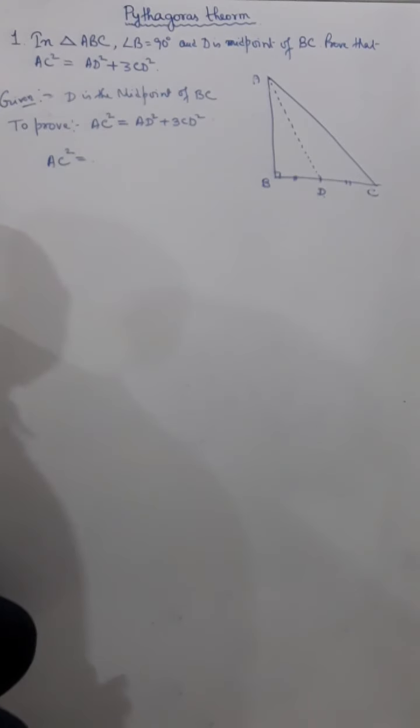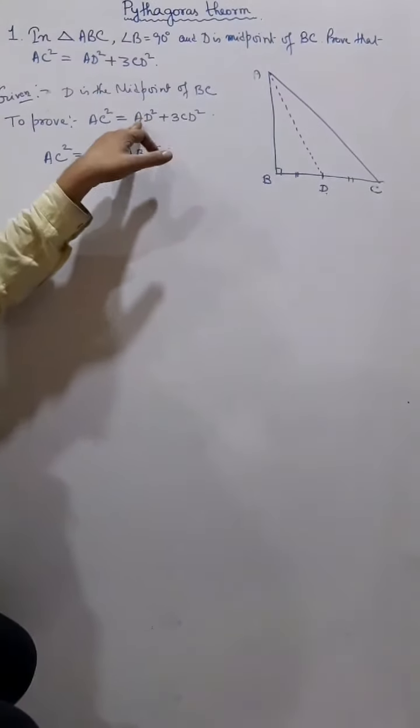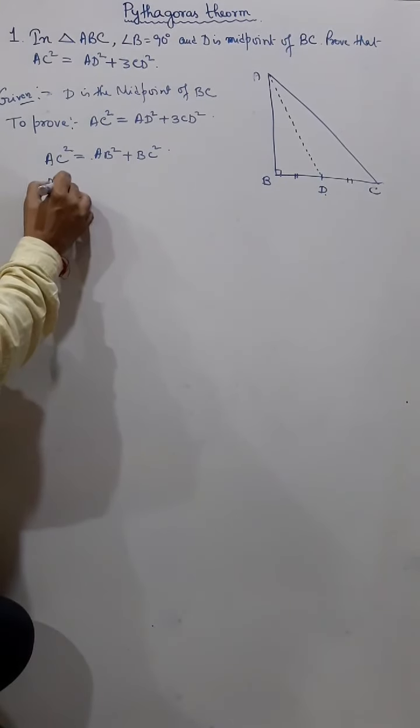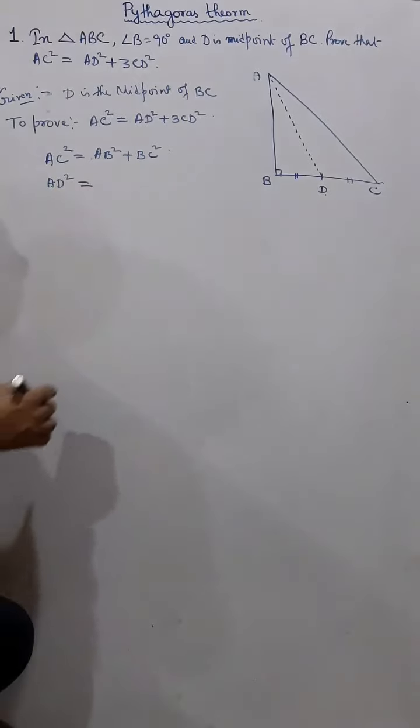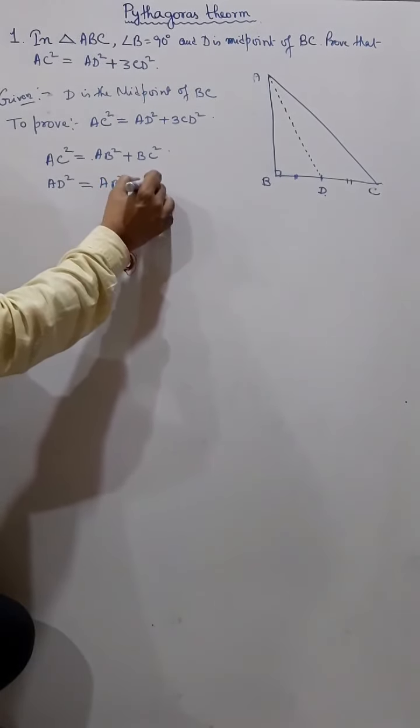We can say that AC square equals AB square plus BC square. And we also have to find AD square, because there is an AD square too. So AD square is equal to AB square plus BD square.